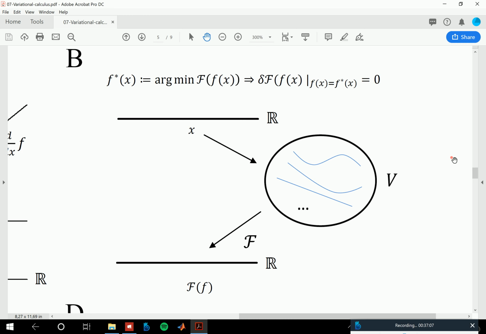And variational calculus, in essence, works on the global level very similar to standard calculus. The basic idea is that you compute the derivative of a functional, here this delta f, and at the location where this functional has a maximum or minimum, this derivative is 0.